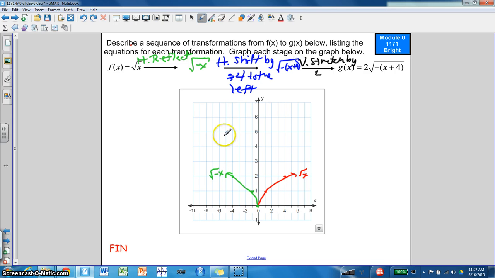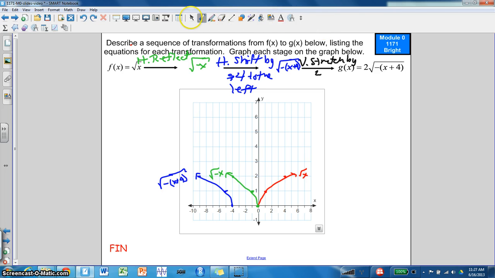And so this would take all my points and move their x values to the left by 4. So this one would go over here, this point would go right over here, and then this last point, it's at 4, it would go all the way over to 9. So it would look something like this. So this would be the square root of minus parentheses x plus 4.